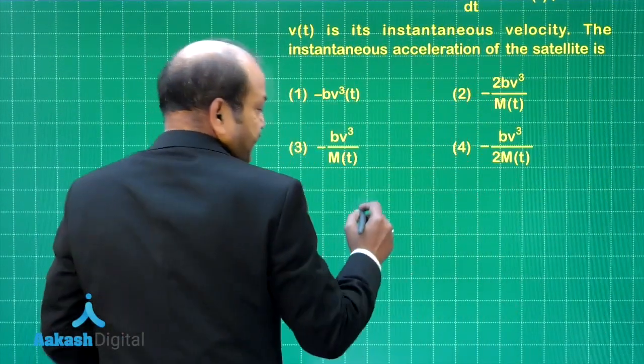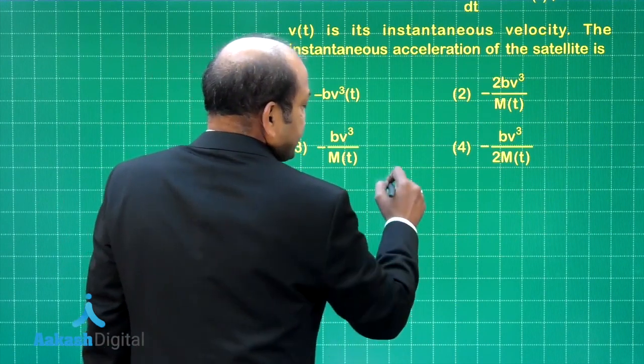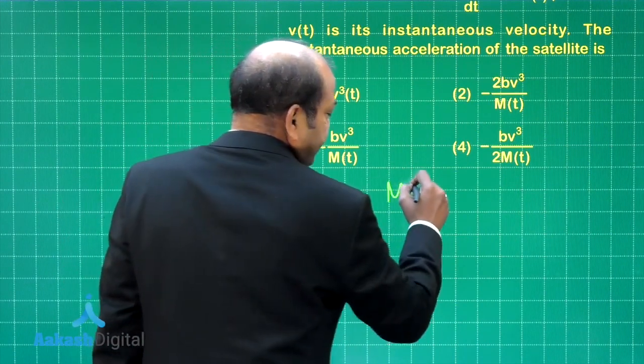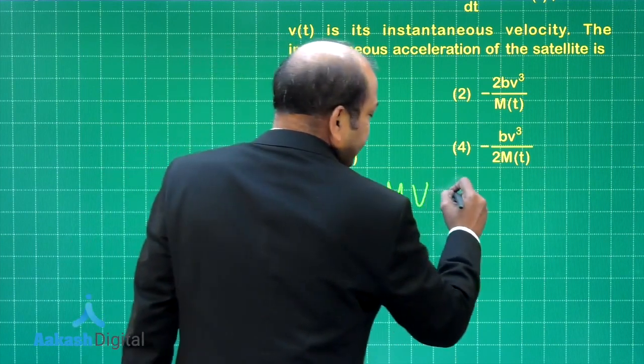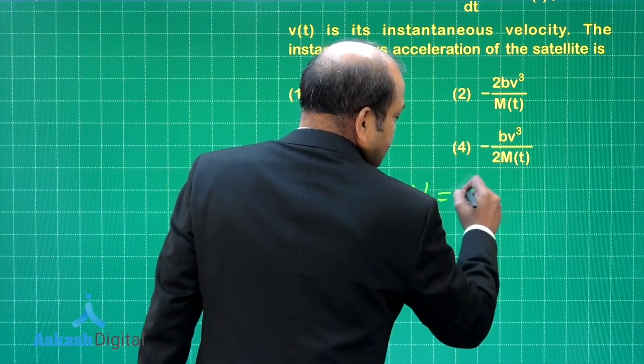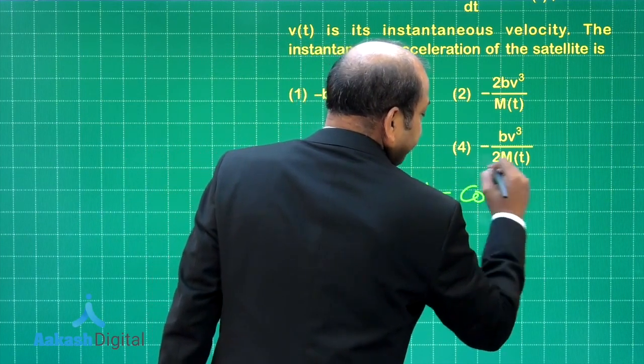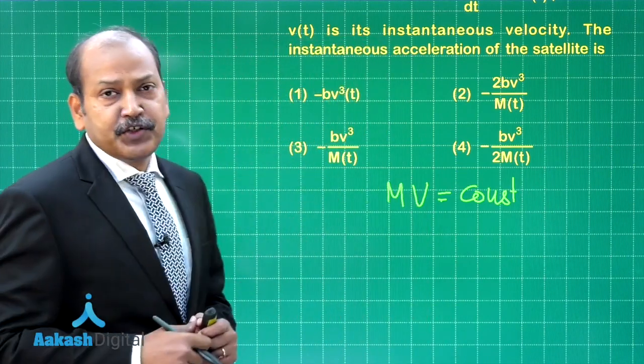So, if we have m into v as constant, m is the instantaneous mass, v is the instantaneous velocity, and if this is constant, we have its derivative as 0.